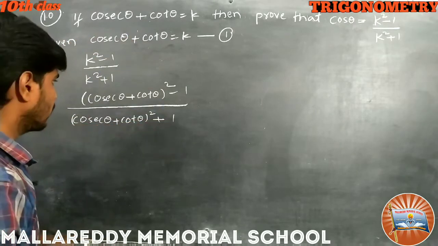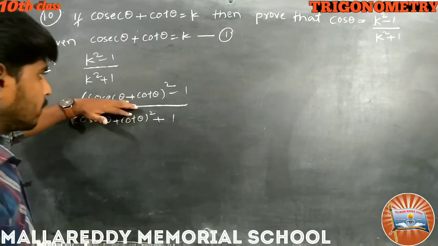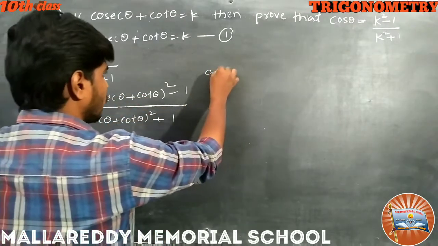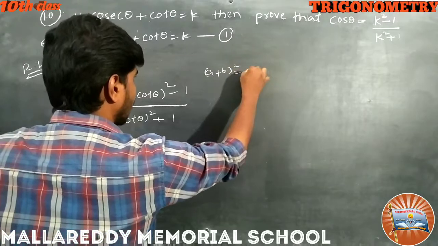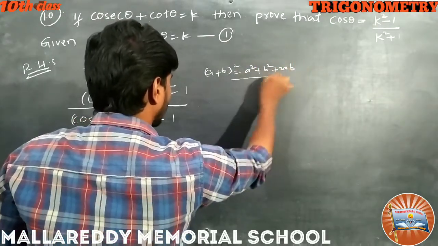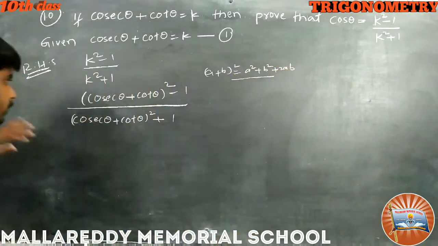Now (a plus b) whole square, what is that? (a plus b) whole square equals a square plus b square plus 2ab. I am going to use this formula here.